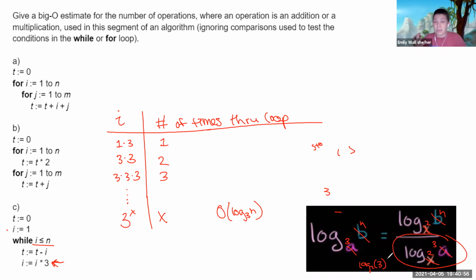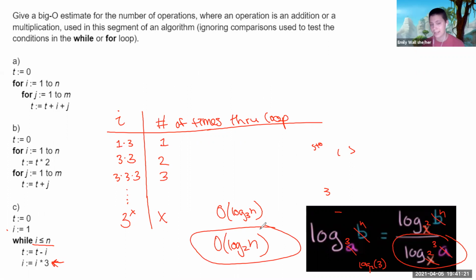And this is a number. I have no idea what it equals. I forgot to look it up, but it's some constant value. And big O doesn't care about coefficients. So O of log base 3 is O of log base 2. So this is actually our final answer.